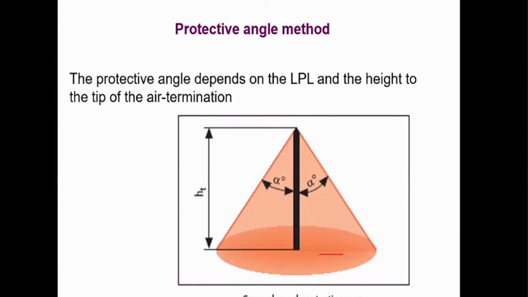And then we go to the protective angle method. It looks simple. We have an air termination, and there is a certain angle by which we can think that the building is protected.